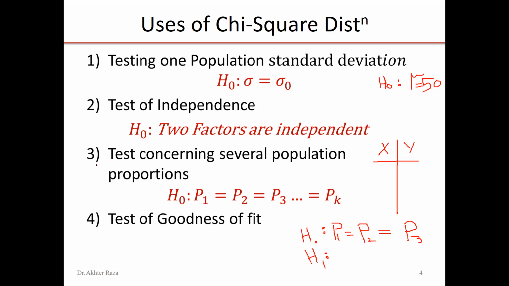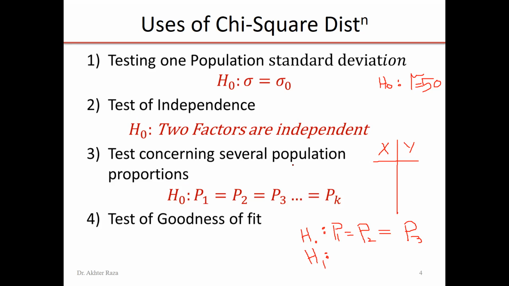Number 3 can be qualitative or quantitative, but proportion is used for qualitative variables, like companies. Proportion of companies is a qualitative variable we have. So these are the 4 important applications of chi-square distribution.